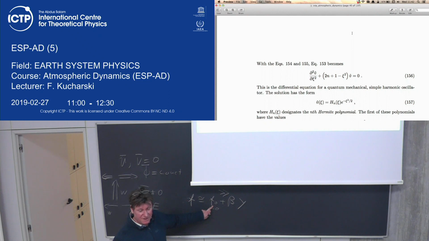It can be a problem for many of the things, because sometimes you divide by f, for example, it could be convenient to define a geostrophic wind. We have divided by f. But if f is 0, of course at the equator we cannot define a geostrophic wind. So it can cause sometimes trouble.